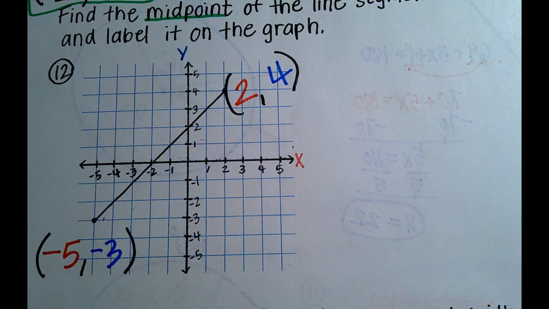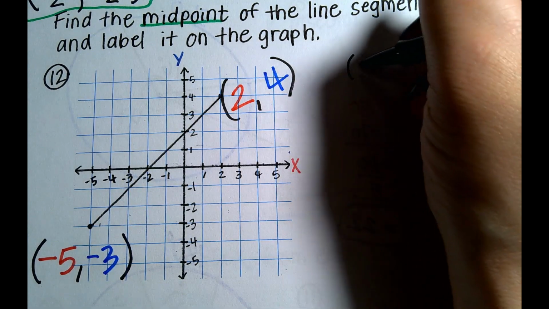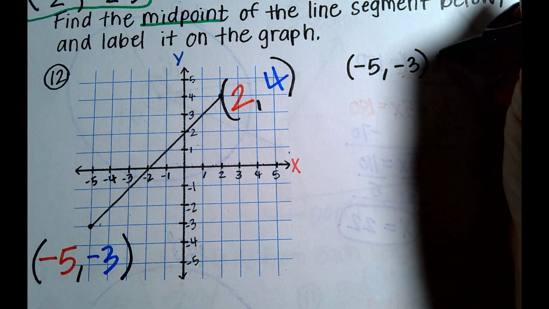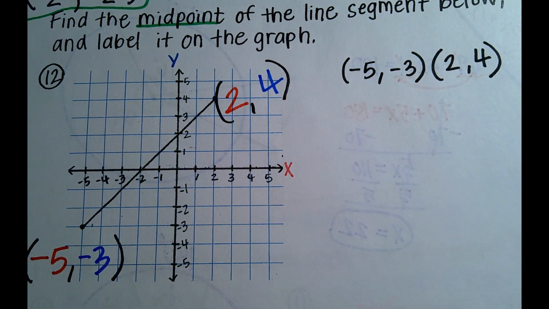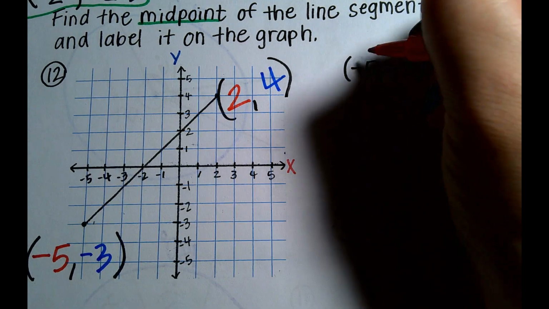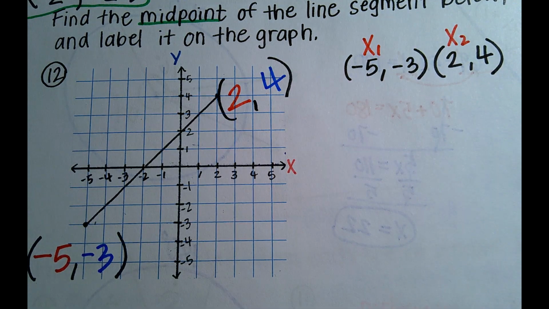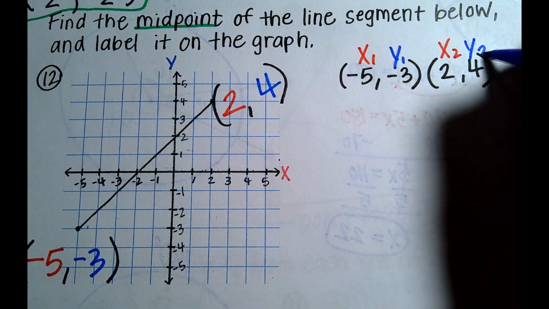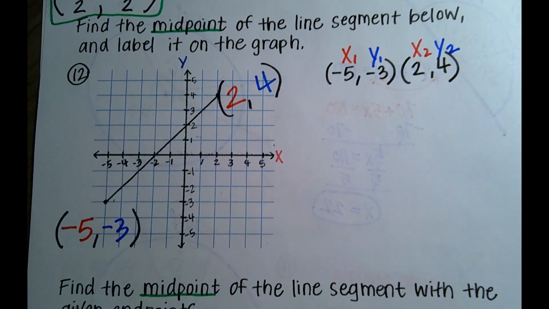I'm just going to pull these points out and write them over to the side just to help me stay organized. -5, comma, -3, and 2, comma, 4. And I will label them as X1, Y1 and X2, Y2. We just did a ton of practice with this today, so it should be nice and fresh in your mind.